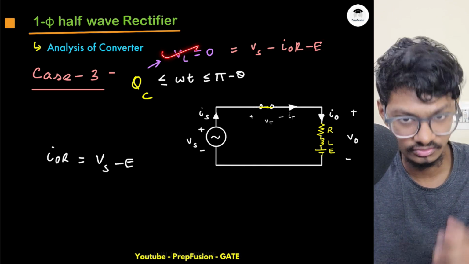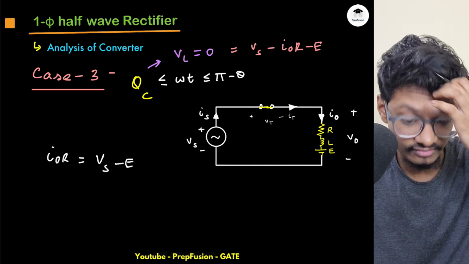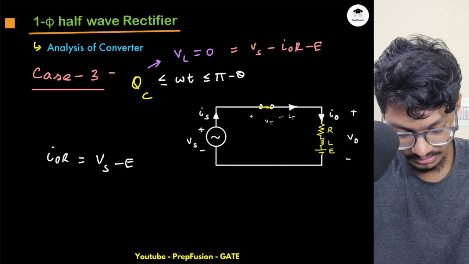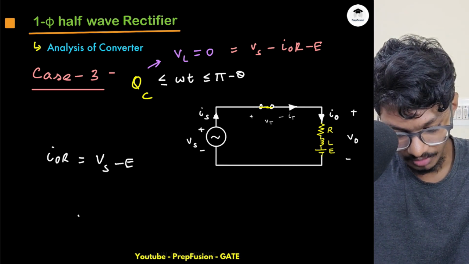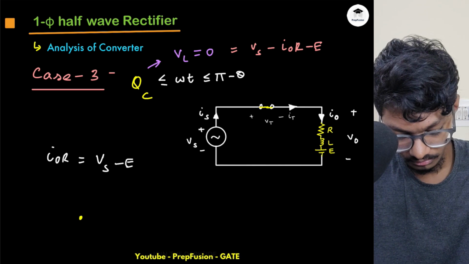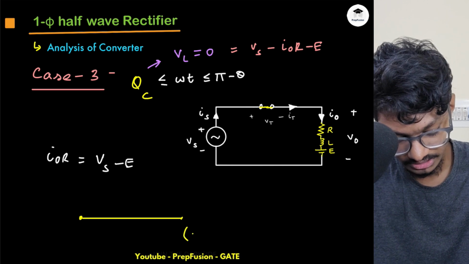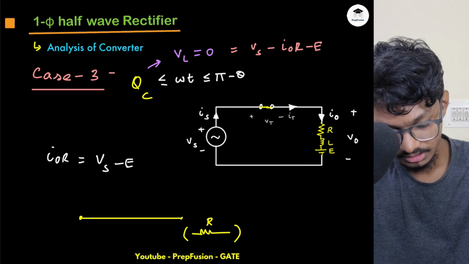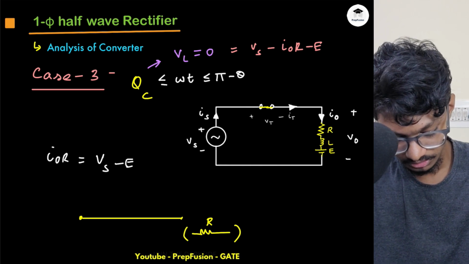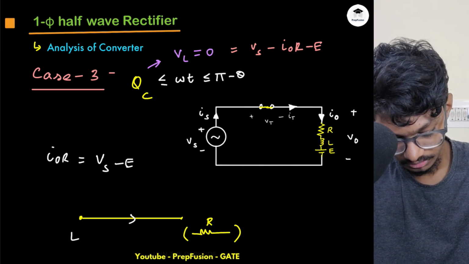So if VL is reducing from 0, what will happen? It will become something negative. That means that my inductor is supplying some power to the load again. To which load? To the resistor, not to anything else, only to the resistor. This is my inductor and this is my power flow.